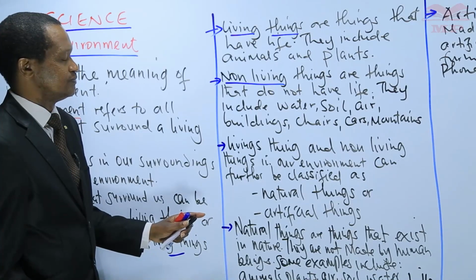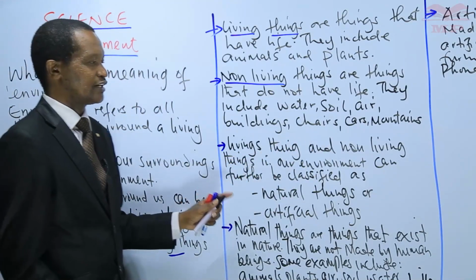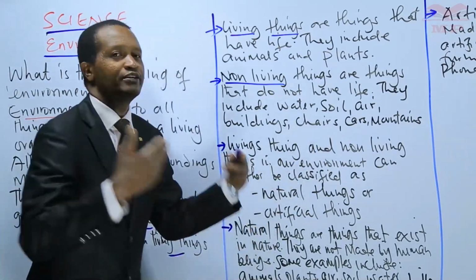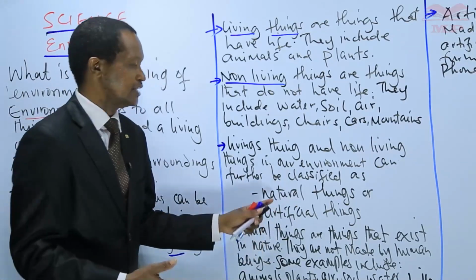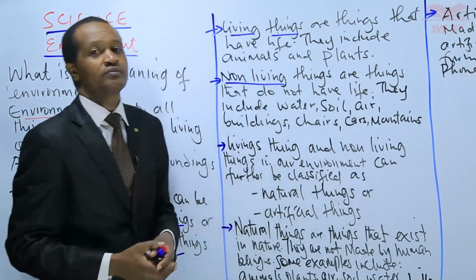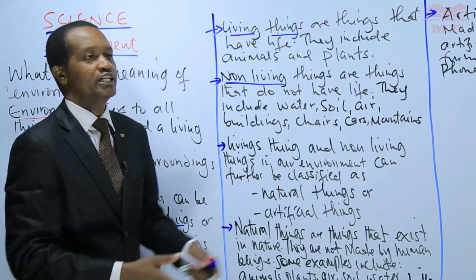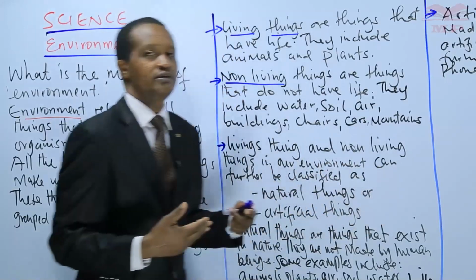We then went ahead and said that living things and non-living things that are found in our environment can further be classified as either natural things or artificial things. And we've said natural things are those things that exist in nature.